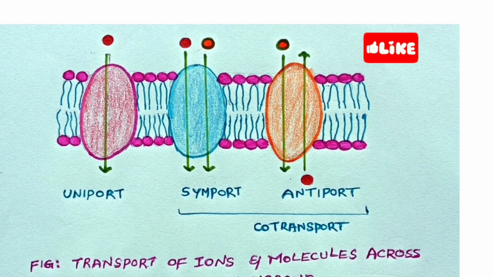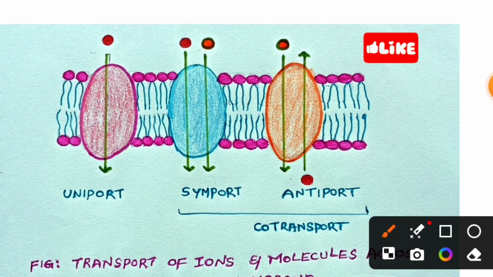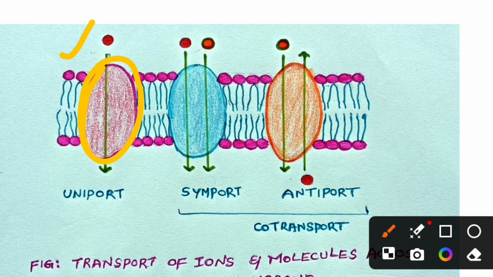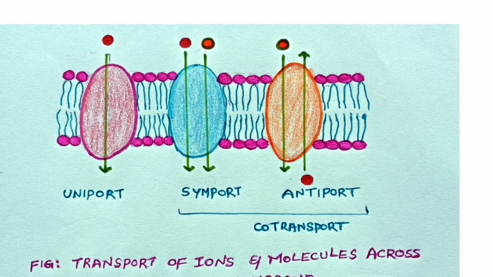Look at the first embedded protein. Uniport is a type of transport where a single substance is transported in one direction.